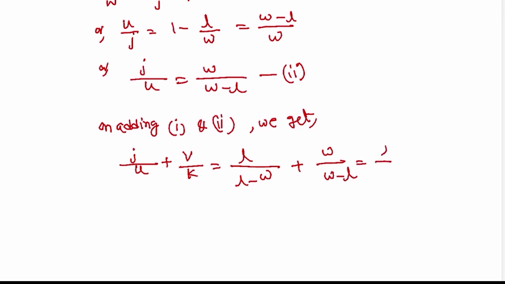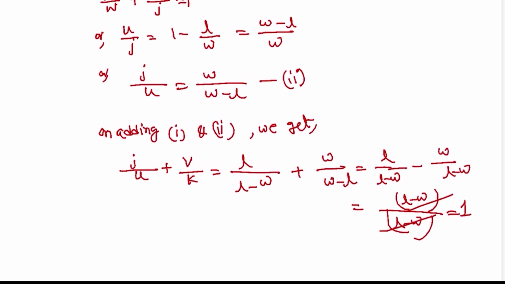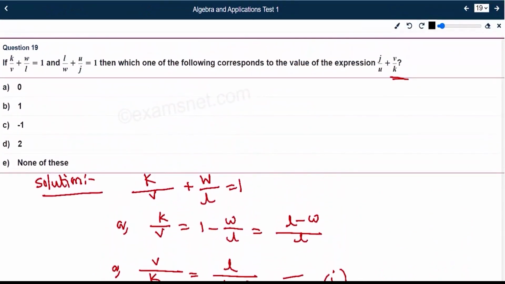So in l by l minus w, we can take common minus 1 from the denominator of the second term, and it would make plus minus w by l minus w. So here both the denominators are the same. Let's do the LCM, so both will get cancelled, and yes, the value of that expression is 1. So that means option B is the correct answer.